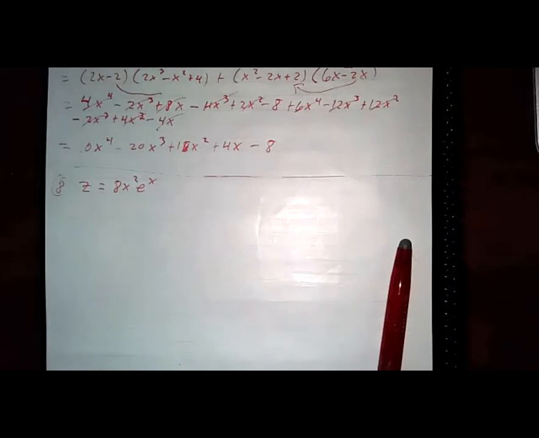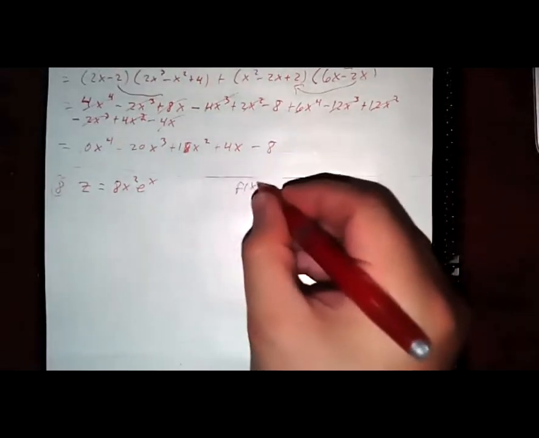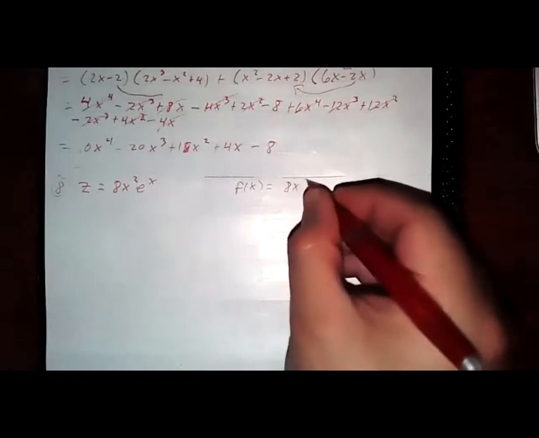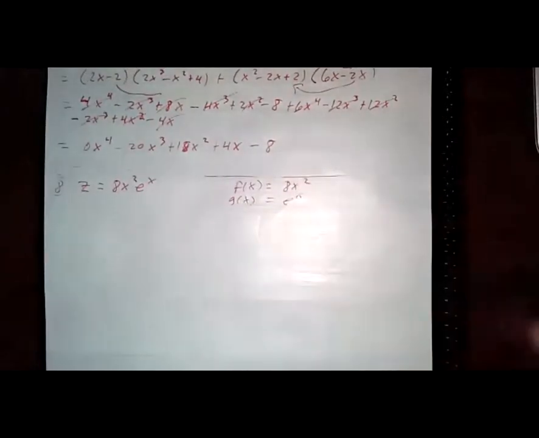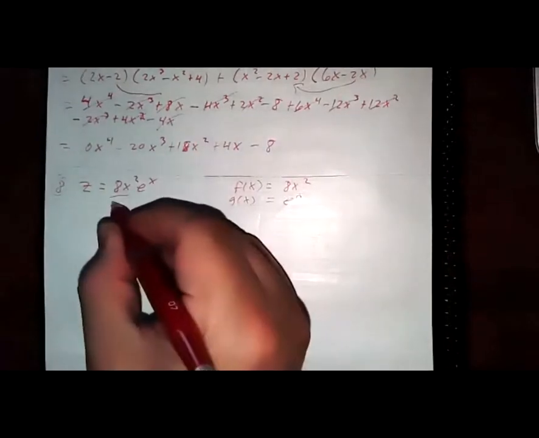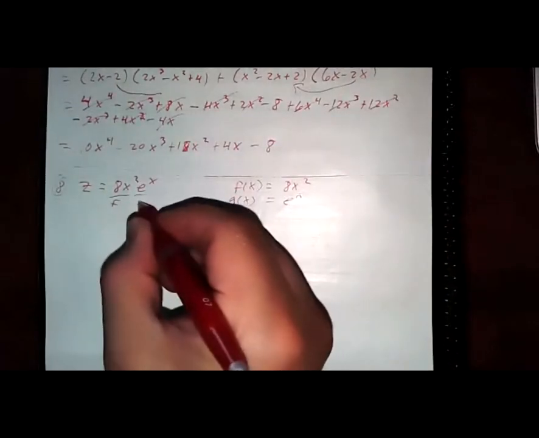All right. So f, we'll call the first one. g of x is just the second piece. Is it equal to z?